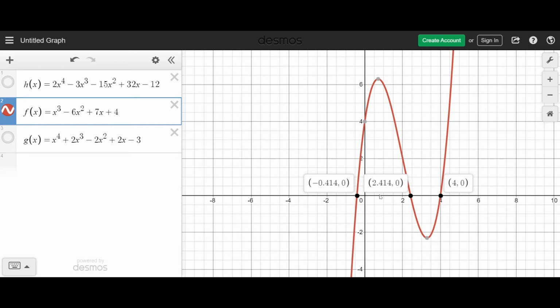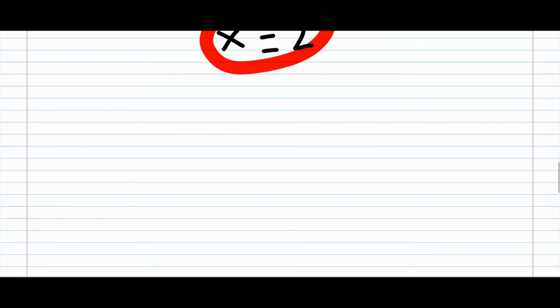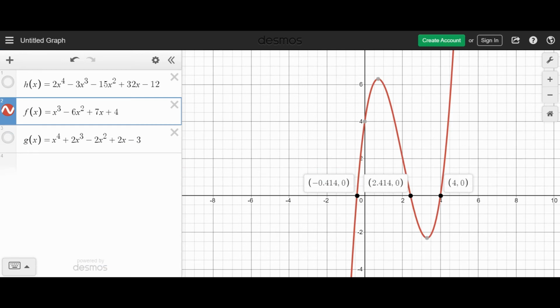In order to find that out, again, I'm going to use synthetic division on the 0 that I do know, which is 4. So let's take a different polynomial here and a different 0. There's my 0, and I'm going to put in 1, negative 6, 7, and 4.